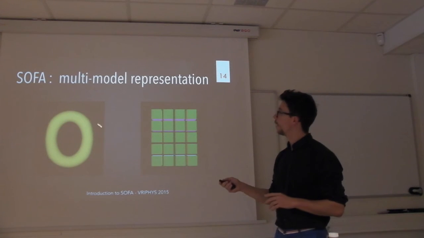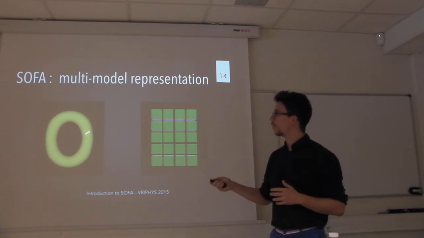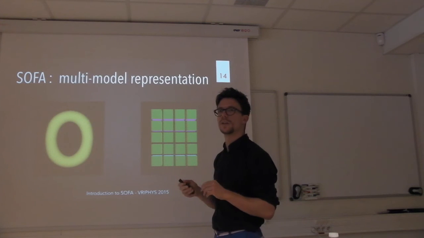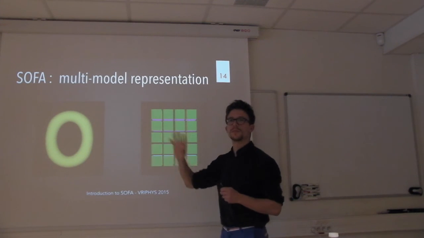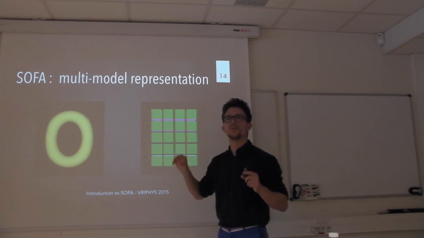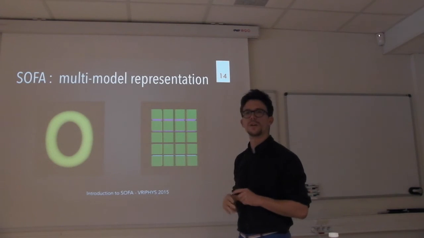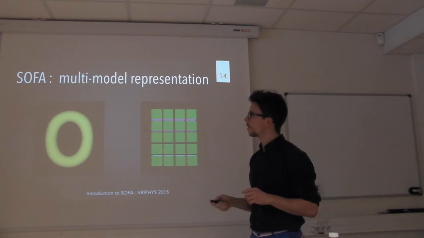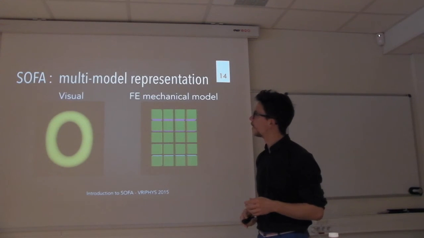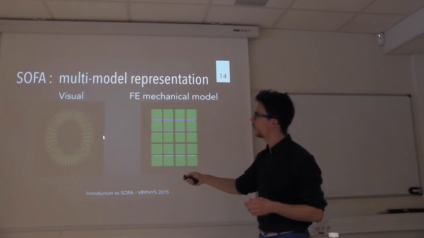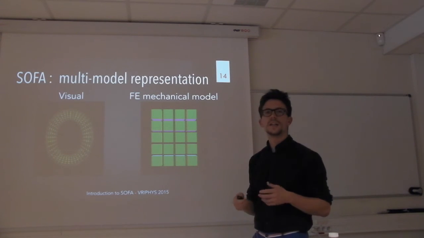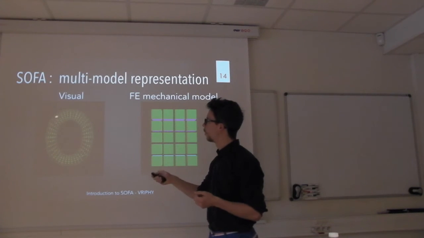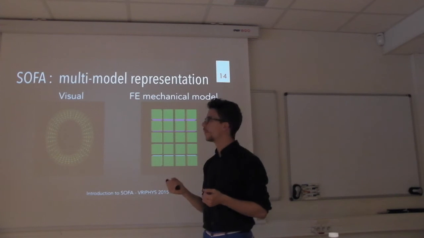So an example here, let's say that we want to simulate, I'm taking a very different kind of topology or representation of this object here, a torus, because it's the less obvious case, so that if you understand that, you understood everything basically about mappings. So here, you have a torus made of triangles, as you can see here. That's a surface mesh, and let's say that we want to compute the deformation of this torus if we are, for example, pulling on it.